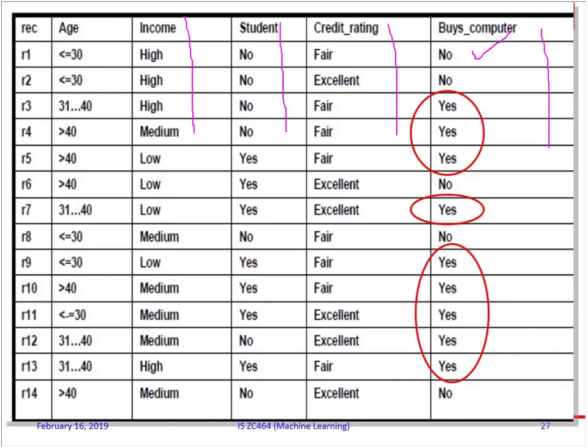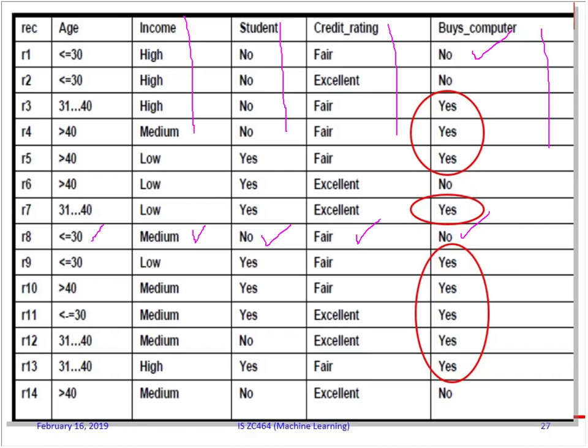There could be one person who is within 30 and has medium income but is not a student, and the credit rating is fair. Still the person does not buy the computer. So there is something very peculiar that lets you predict who will buy the computer.